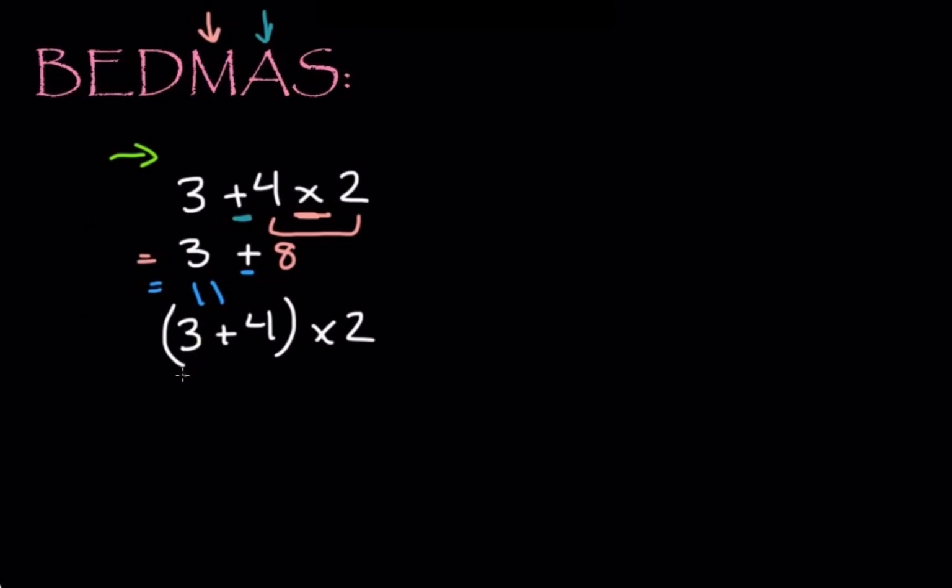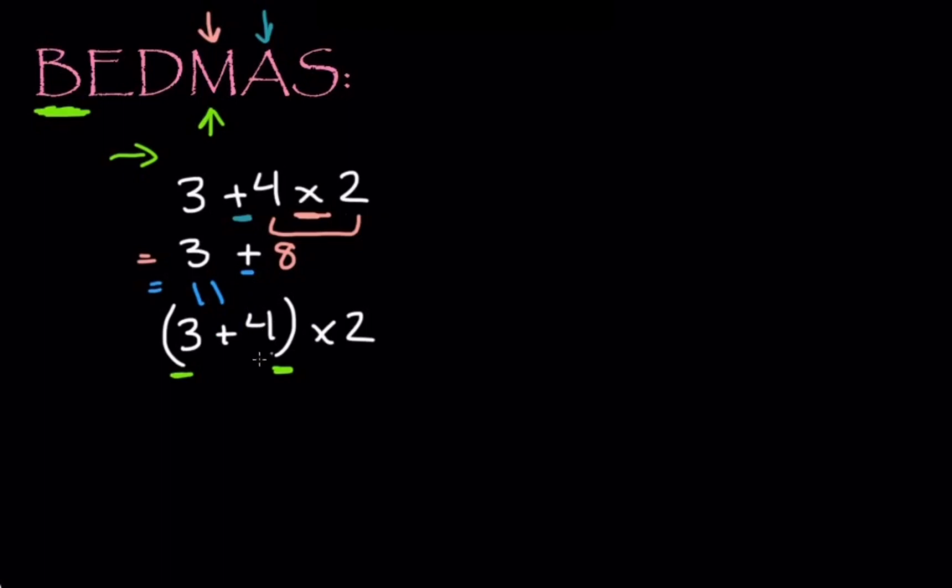So here we have brackets. That is why we do addition before multiplication, because brackets come before multiplication. If the brackets weren't there, we would do the multiplication first.